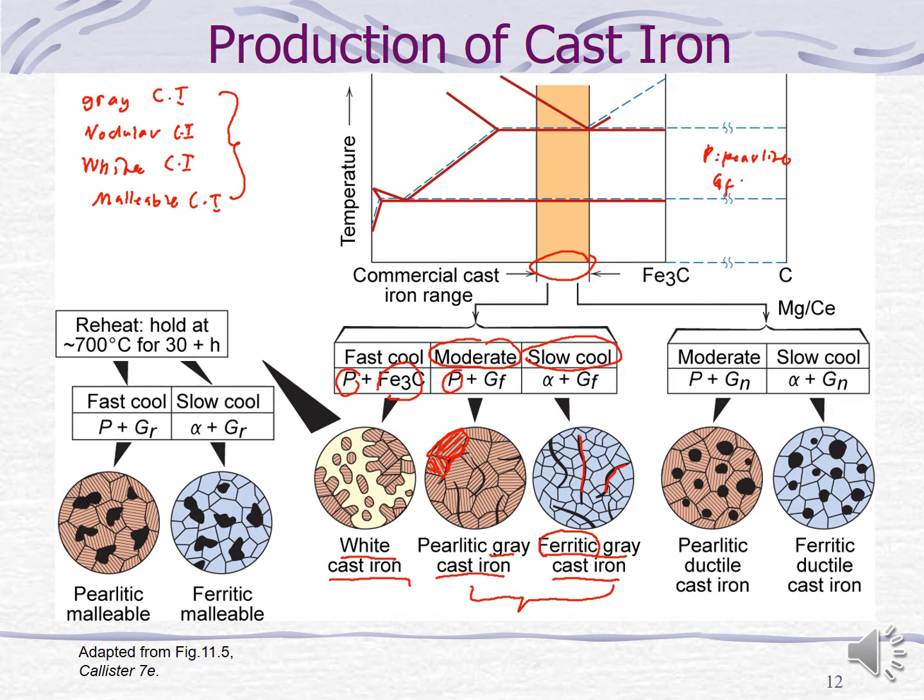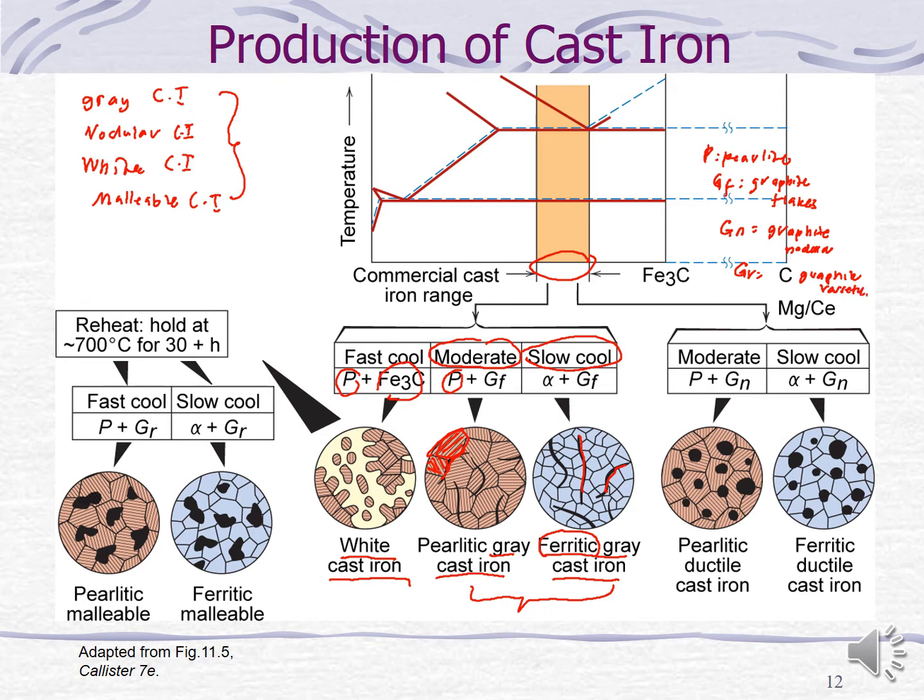GF is graphite flakes. And then GN is graphite nodular. And GR is graphite rosettes or cluster.